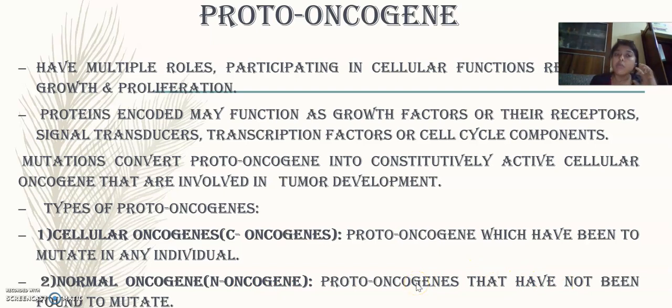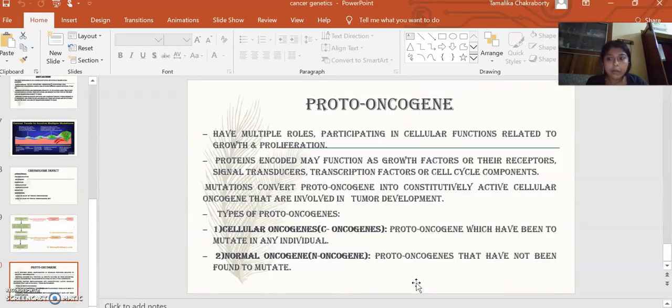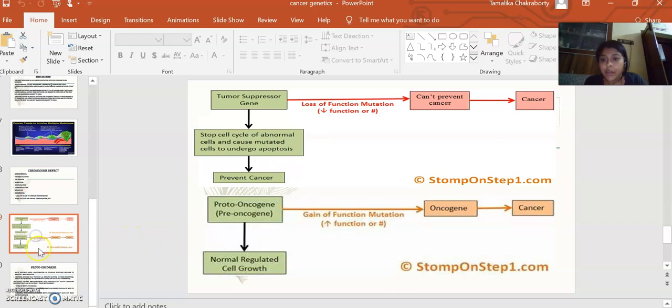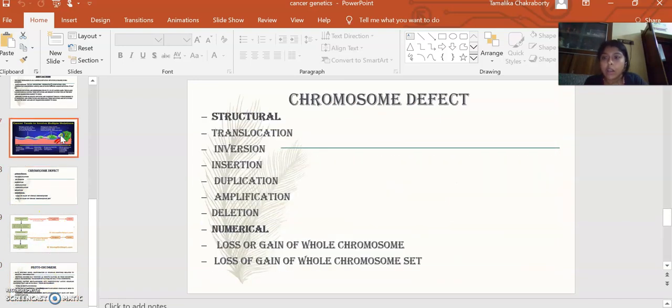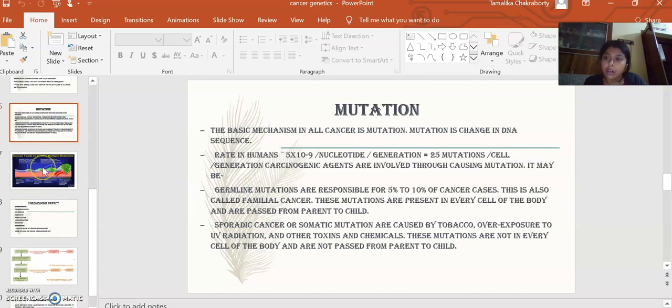So if you look at the mutation status of C-oncogene and N-oncogene, C-oncogene is found to mutate in every individual, but N-oncogene is not able to mutate. So this is basically the overall process of cancer.